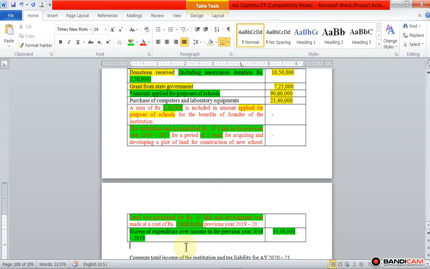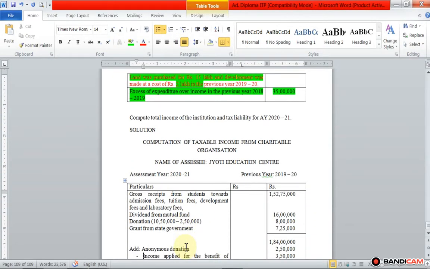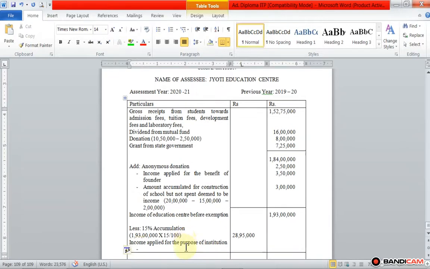So grant from state government is the income applied for the purpose of acquisition of capital asset. We take into consideration that the grant is used for the purchase of, or for the construction of building, or for the purpose of construction of school.